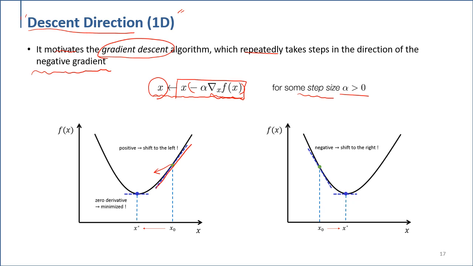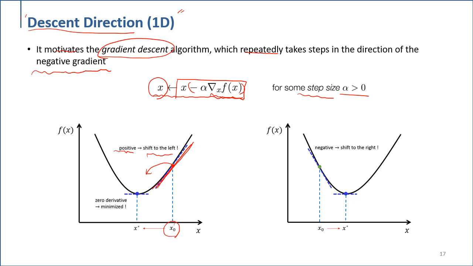We can represent this graphically like this. Let's say from the starting point x0, when you calculate the gradient at this point, it's positive. In that case, we need to go to the left, right?